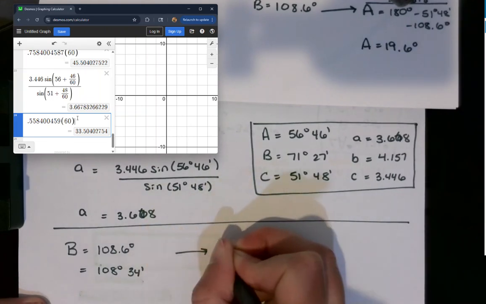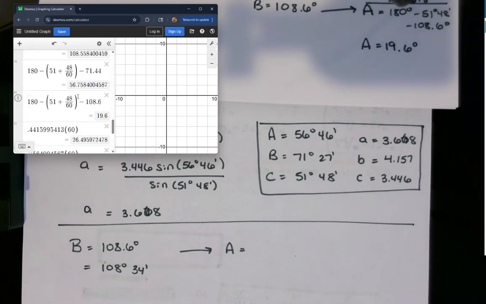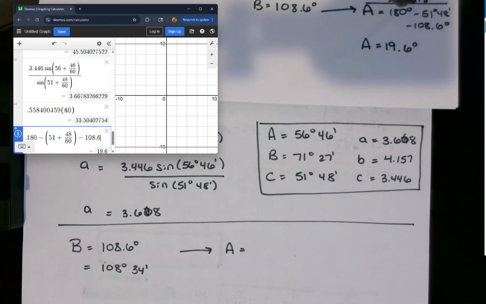This would make A, so we did this here, so let's copy that again. And instead of 0.6, let's subtract off the full set of decimal places here.